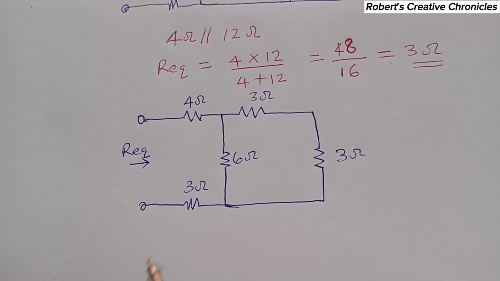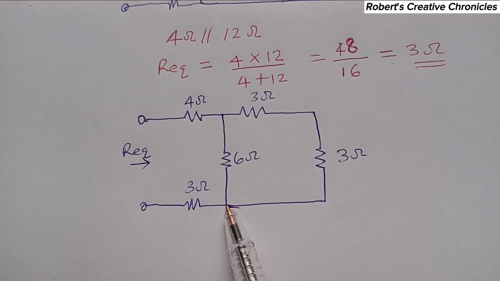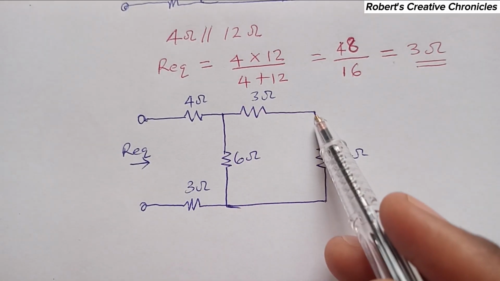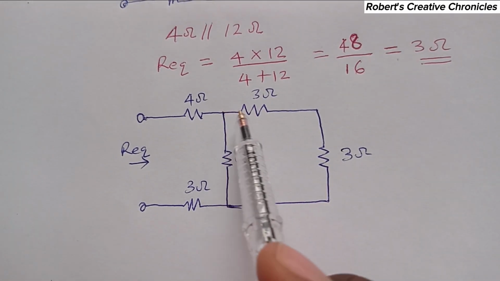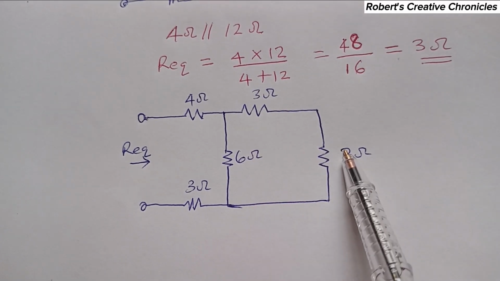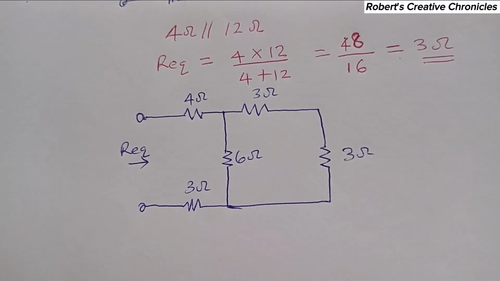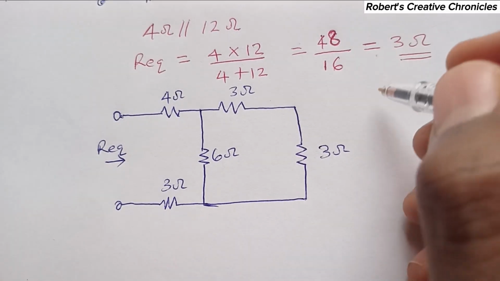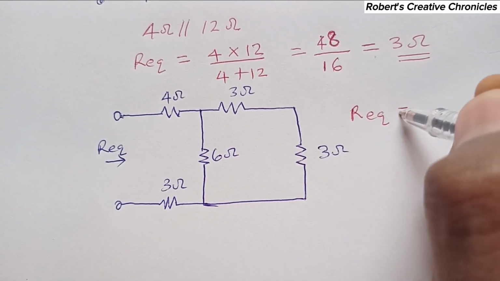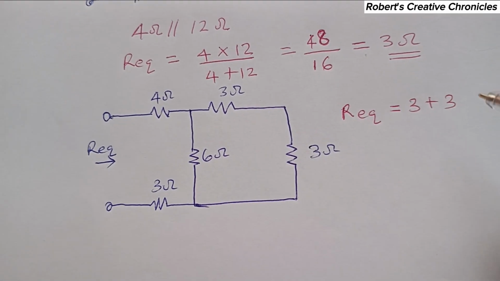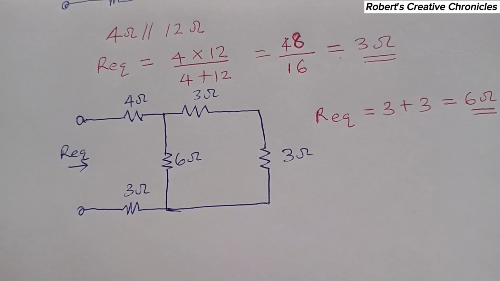So again, when the current enters here and splits at this point, a portion will enter here and come out, and that portion will enter here and come out. Since the same amount of current is entering the 3 ohm and 3 ohm resistor, that means they are both in series. So we just go straight to the point and add them. 3 plus 3 is equal to 6 ohms. These two are in series.